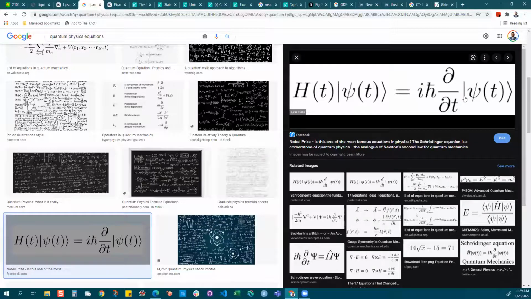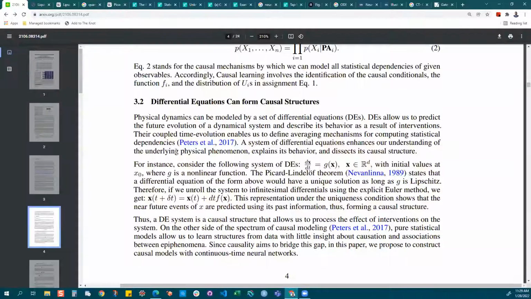This can be very useful to establish the relationship between time and space, or time and another variable. In this case, in this paper, time and environmental variables. Differential equations are very useful. And if we can establish a relationship between differential equations and causal structures, we can have a causal model that can be solved using differential equations.